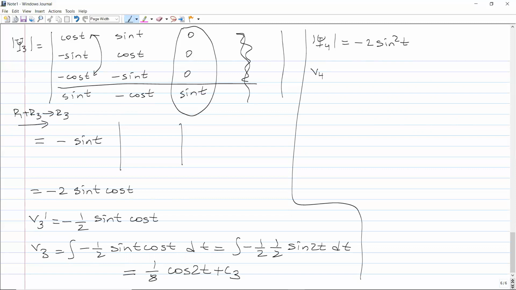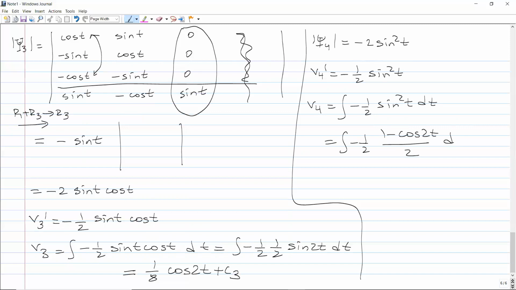So V4 prime, again, we need to divide this by 4. So minus 1/2 sine squared t. We need to integrate this. We write sine squared as (1 minus cosine 2t) over 2. And when we integrate, we get 1 over 8 sine 2t minus t over 4 plus C4.